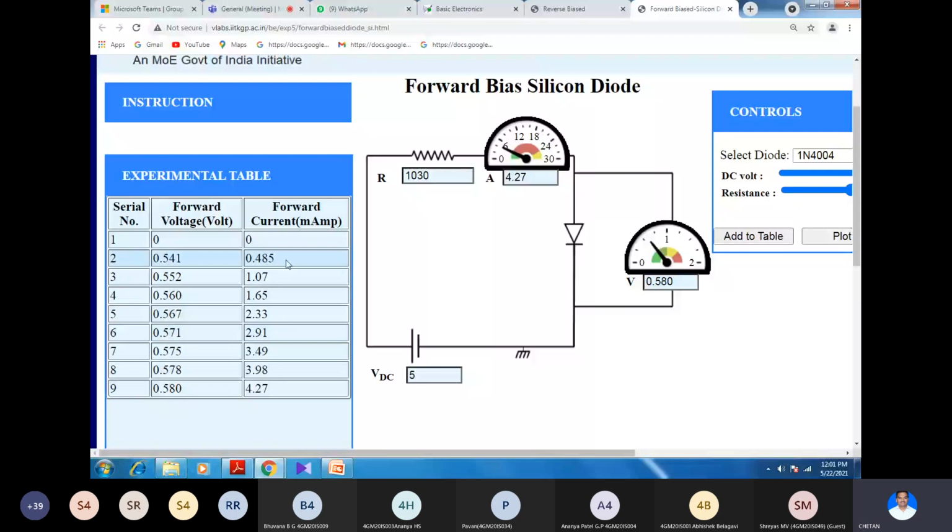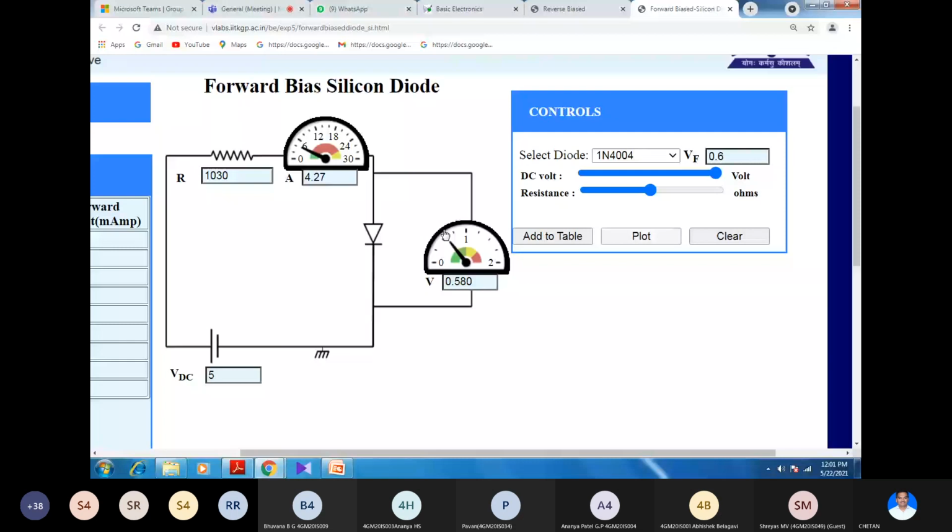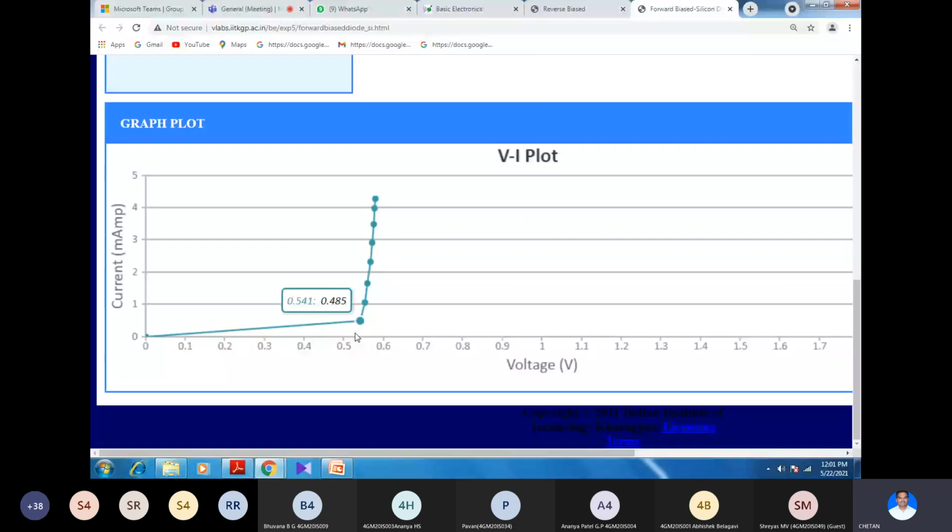Now what I will do is simply plot this. If I press the plot button, I will get the graph like this, right? So this is the first point, for 0. What is the first entry in your table? When the forward voltage is 0, you have 0 forward current.